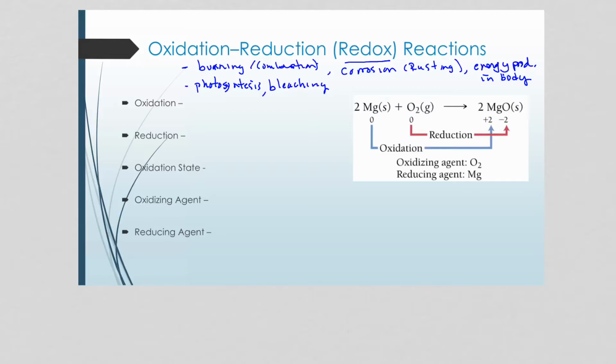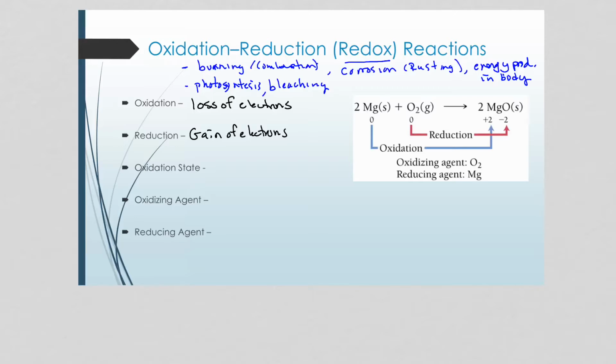Now, when we have redox, as the name implies, we have two important concepts going on here. We have an oxidation and we have a reduction. So the oxidation first, right? Oxidation is simply the loss of electrons, while reduction is the gain of electrons. Now, this does not necessarily indicate the formation of ions, right?